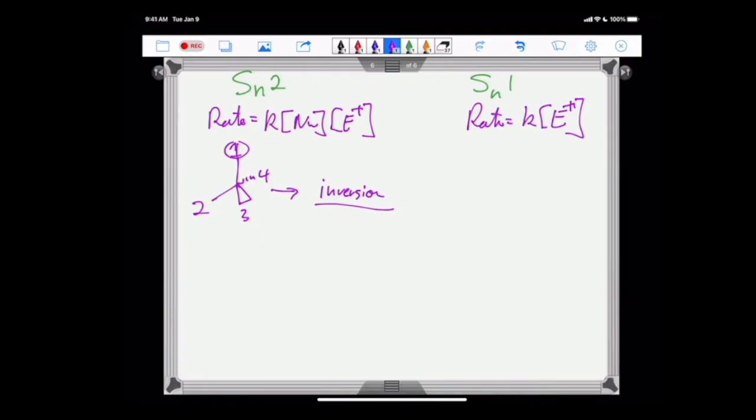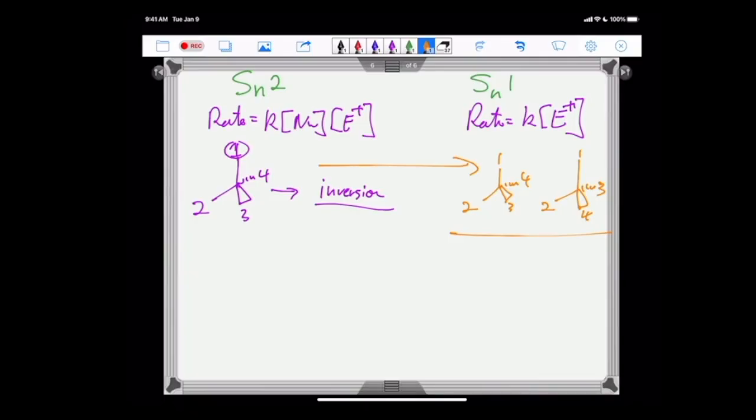In the case of SN1, you end up with both geometries, 1, 2, 3, 4, as well as 1, 2, 4, 3. You get scrambling. The rates are different. Why are the rates different? The mechanism is different.